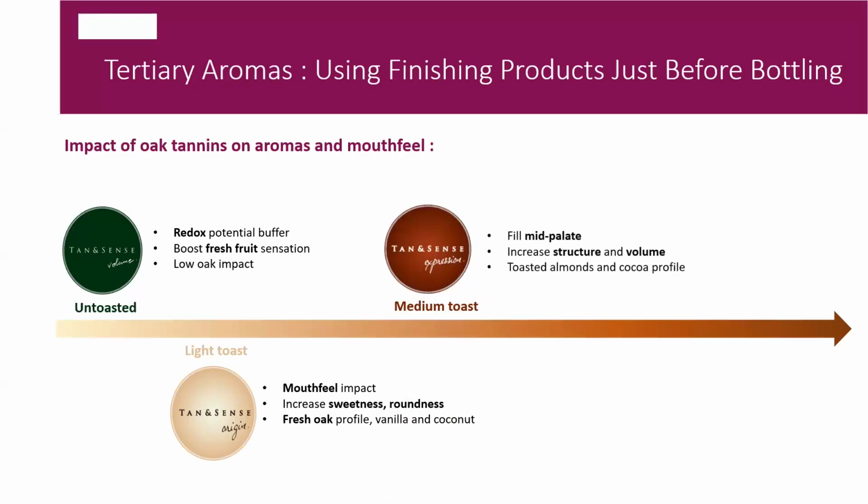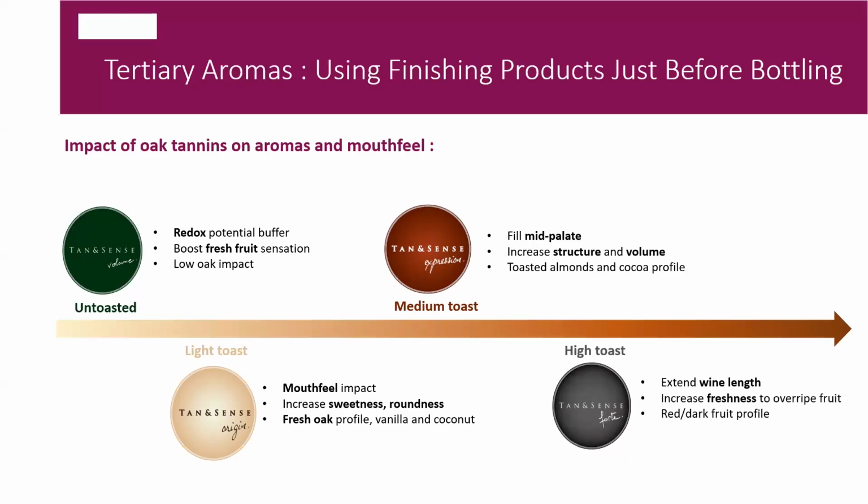Same with medium toasted oak tannins, like the Tannin Sense expression. It's a little bit more toasted, so more cocoa and toasted almond profile. This will impact a little bit more the structure and the volume. And higher toasts are actually very beneficial to increase the freshness of overripe fruit.